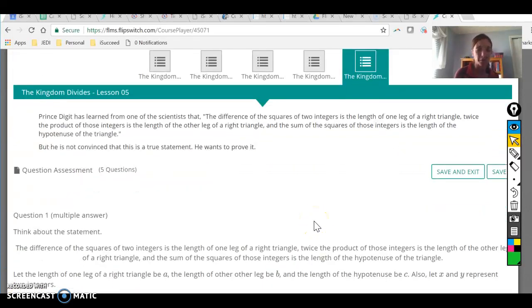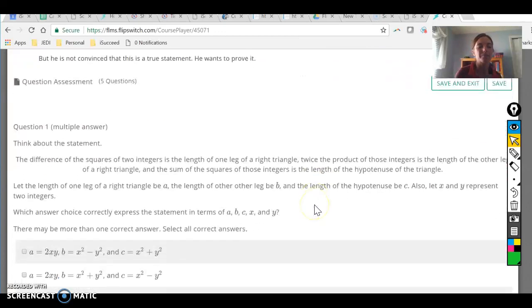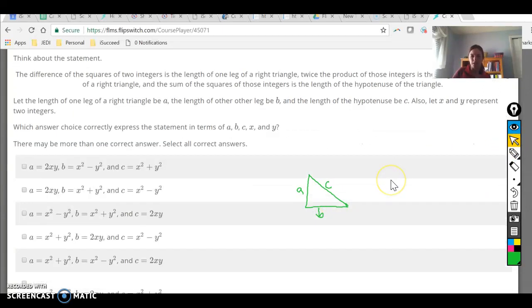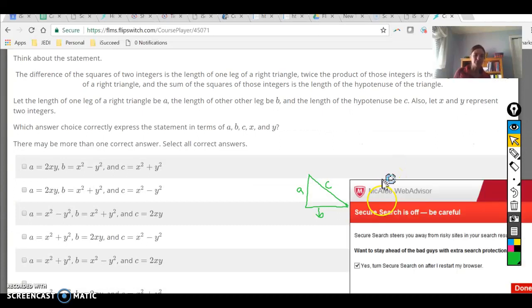So thinking about that quote up there, let's see if we can figure out what that really means. If we've got a right triangle, A, B, and C, and we are told that one leg is the difference of squares.